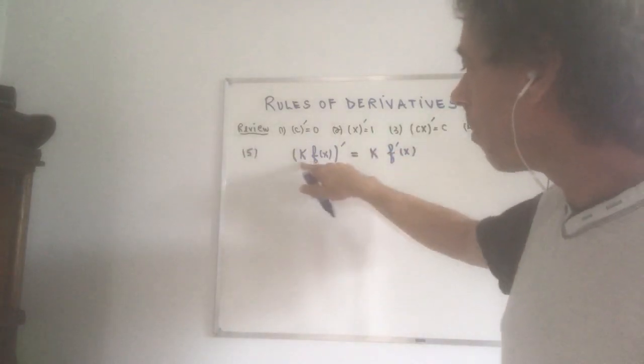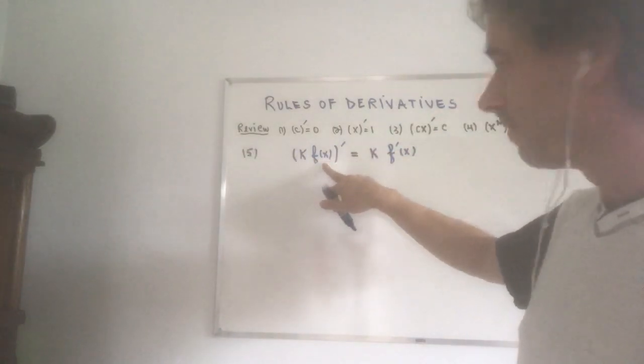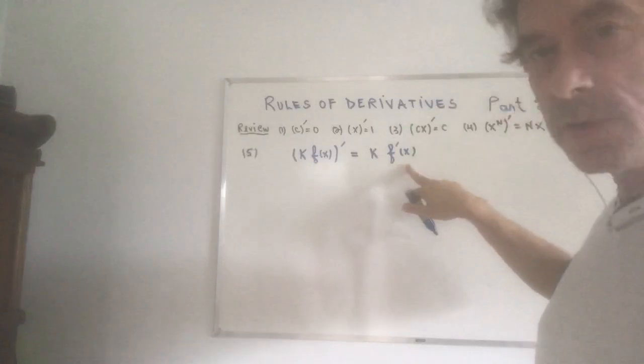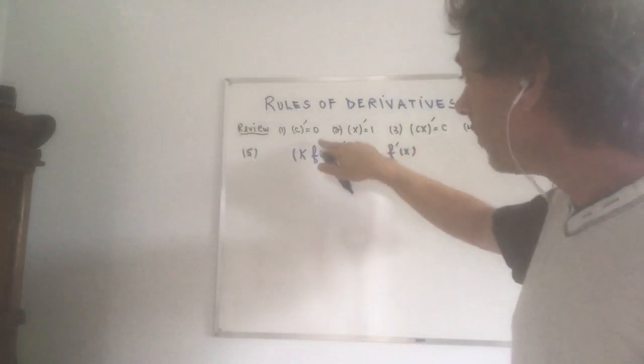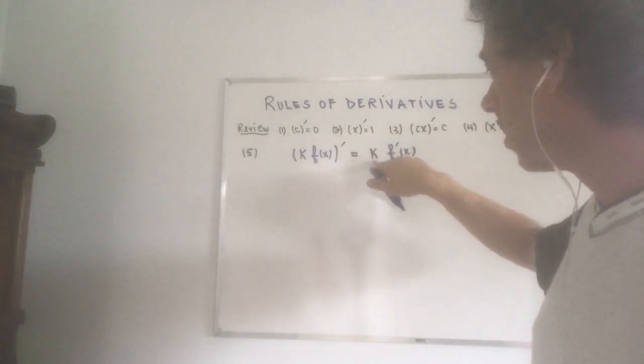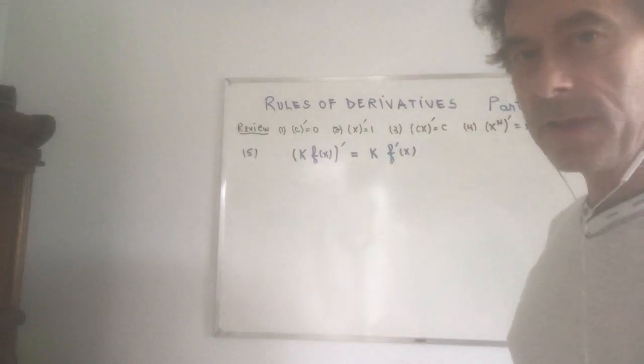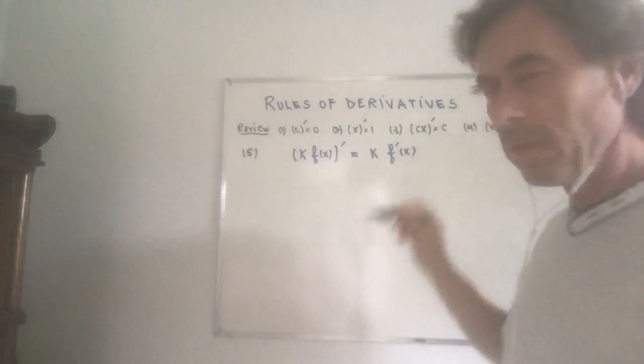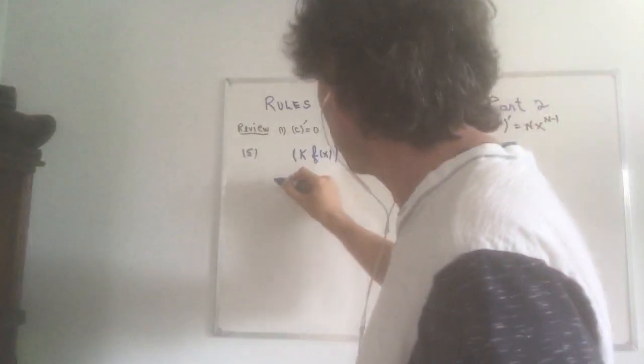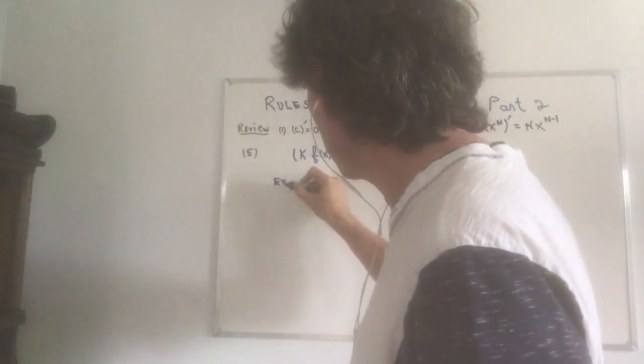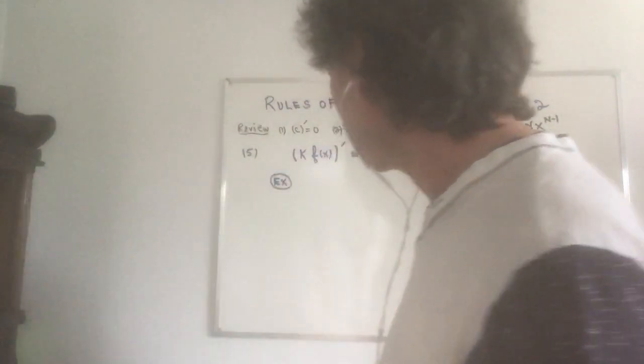This is the derivative of a constant multiplying a function. What I'm saying this is equal to is the derivative is applicable to the function but not to the constant. Yes? So before I prove this to you, let me give you an example, just to be clear about what we're going to be doing here.